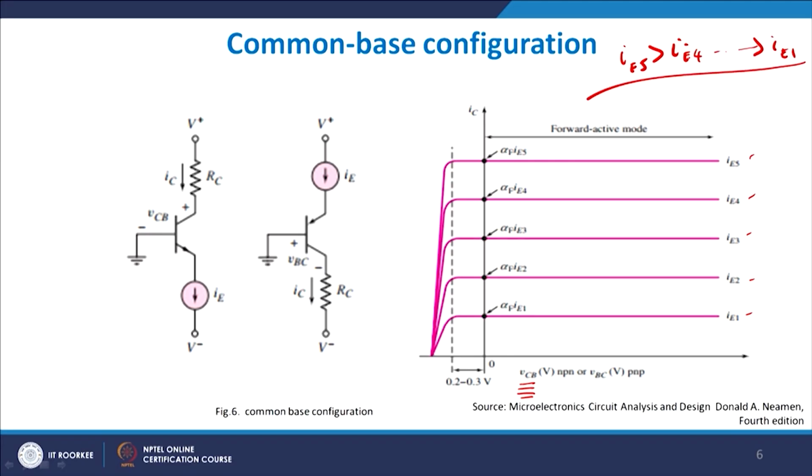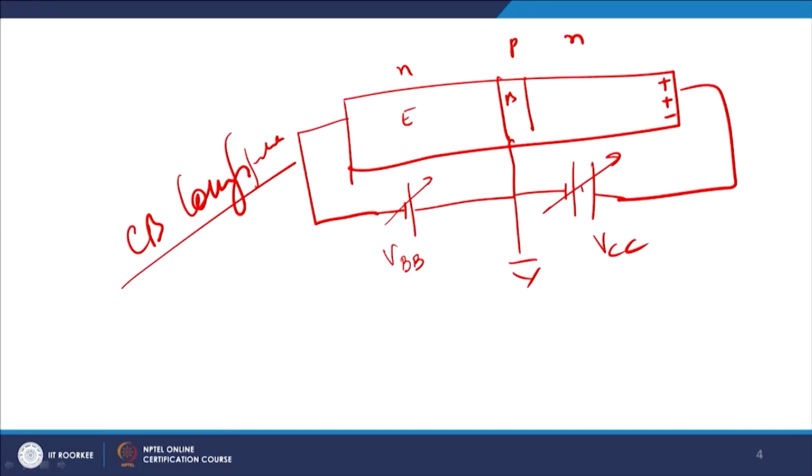With this idea, what we see is that VCB is positive. What does it mean when it is positive? It means this is positive, so I have biased it positive.